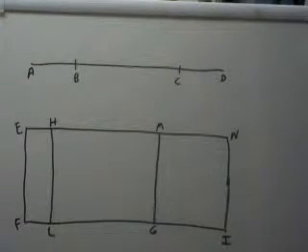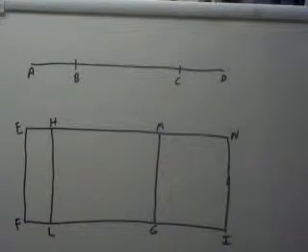Now then, what is the square on AB? You're going to take this line right across here and turn it into a square. All four sides of that square are going to be the length of AB. And that square on AB is a remainder.